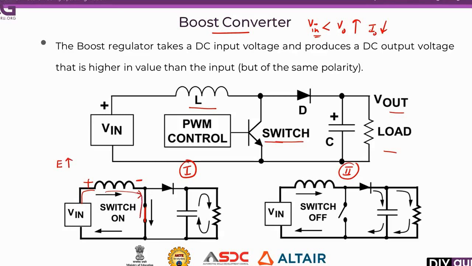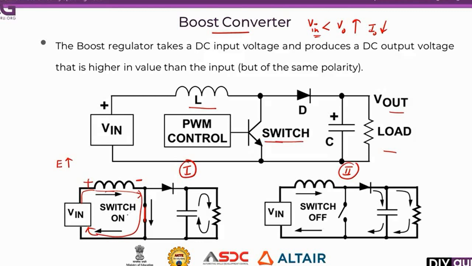So this current will flow through the switch and reach the negative terminal of the battery. So while the switch is turned on, there is a current flow in the inductor, so this inductor will save some energy.